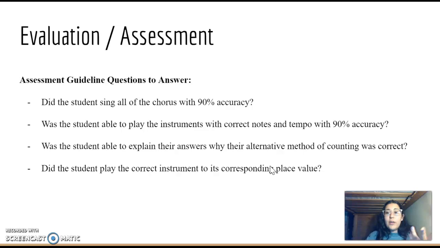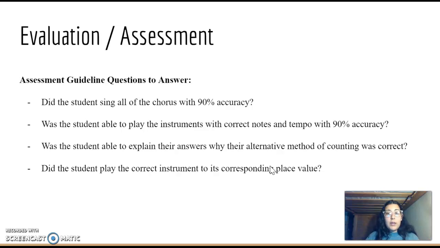So some guideline questions that you can answer for this assessment are: did the student sing along, did the student sing all of the chorus with 90% accuracy? So after a couple of times, when you do the last chorus for the final time, did most of the students or any specific students that you see perform most of the chorus accurately?